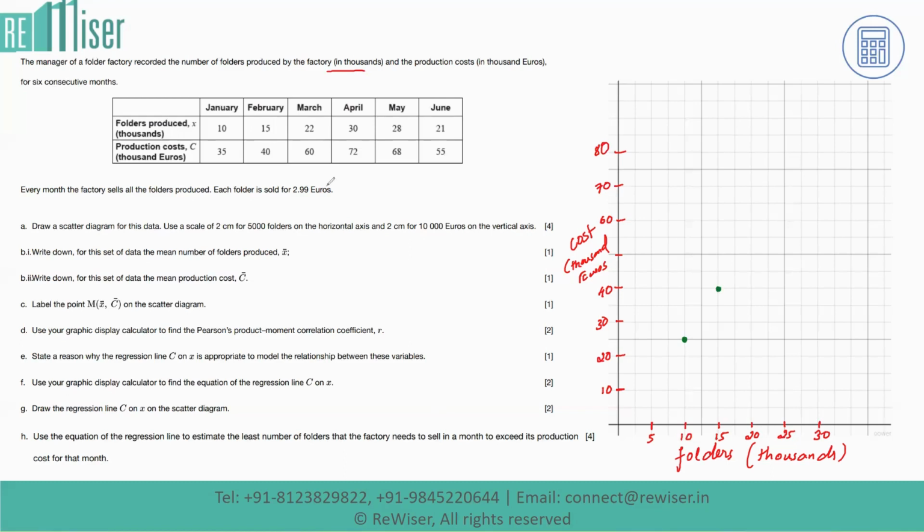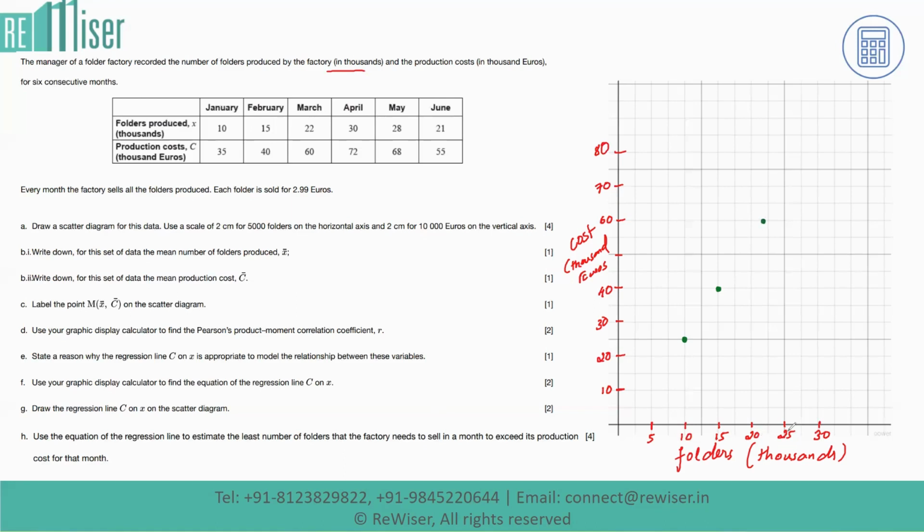The next point is (22, 60). So 20 is here and 25 is here. This middle point would be 22.5, so 22 would be slightly less than that. So (22, 60) would be somewhat like this.